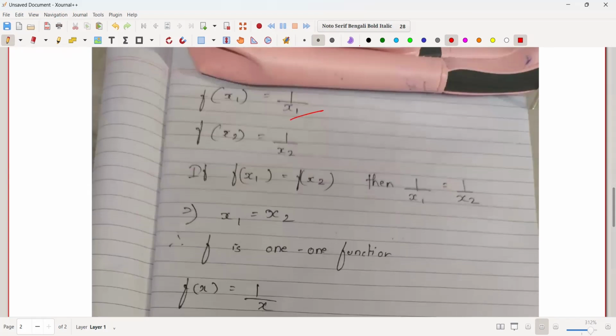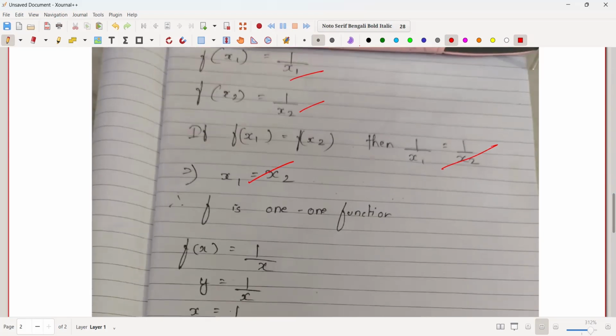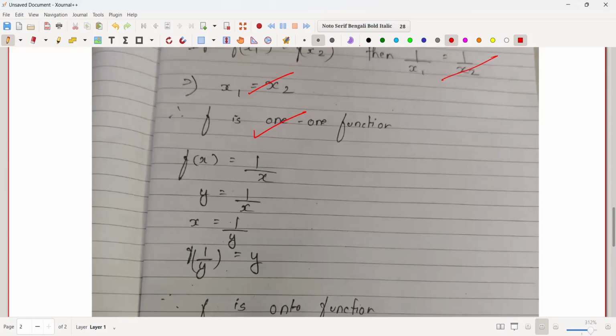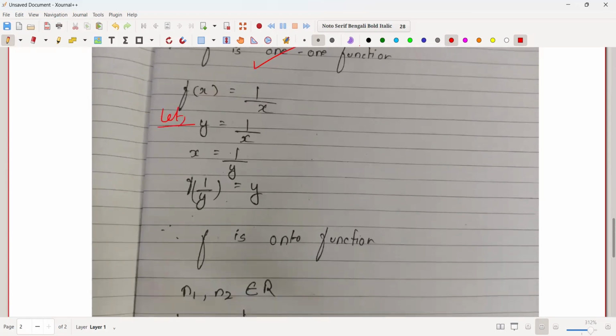f(x1) equal to this, f(x2) equal to this. If f(x1) equal to f(x2), then 1 by x1 equal to 1 by x2 implies x1 equal to x2. f is 1-1 function. f(x) equal to 1 by x, let y equal to 1 by x, then 1 by y equal to x.